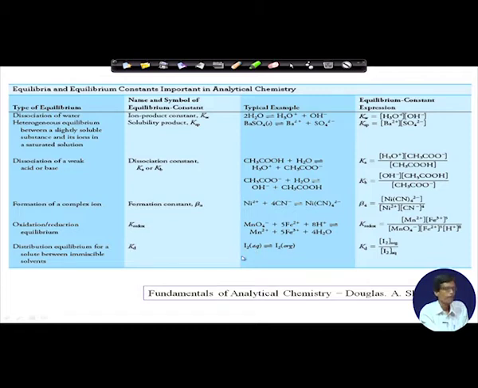That is known as the distribution equilibrium for a solute between immiscible solvents. Water and any other solvent like chloroform or dichloromethane or benzene are immiscible, and we can have some distribution between these.